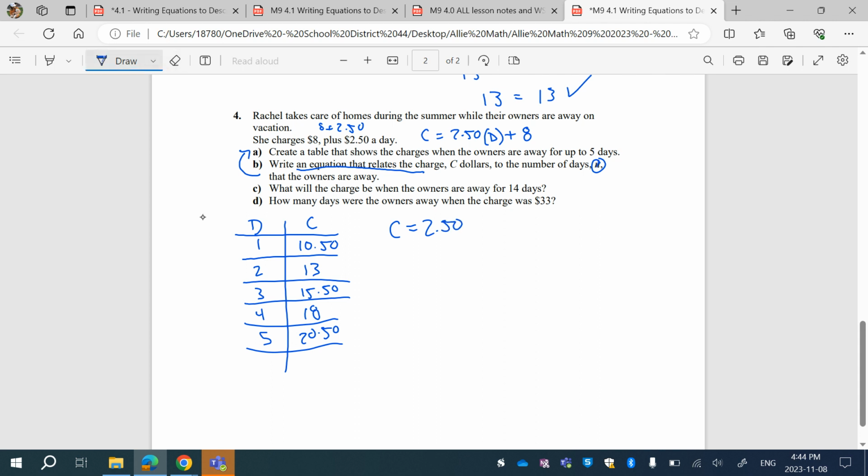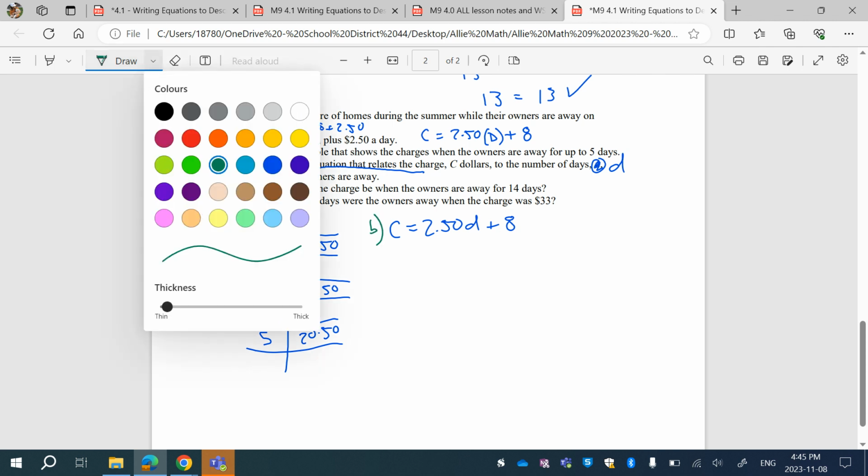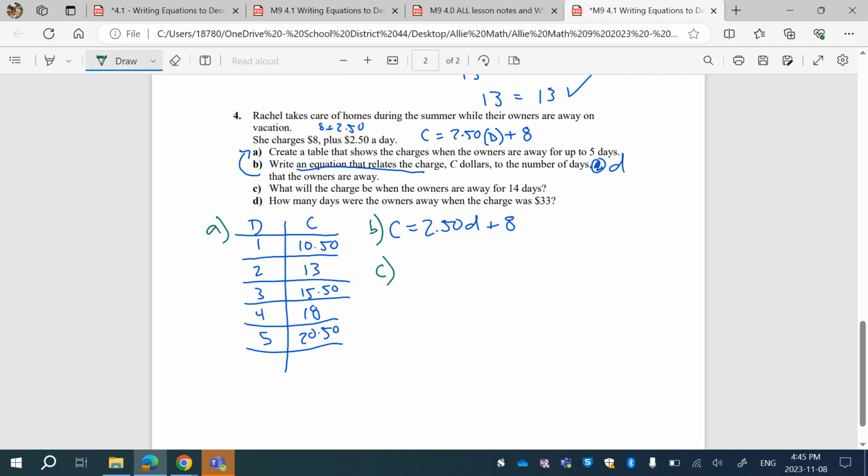I already used the D, plus 8. So 8 is the constant. 8 is always going to be 8, and it's the $2.50 that varies based on the number of days. So that's for, let's say this is A, this is B, and let's do C right here.